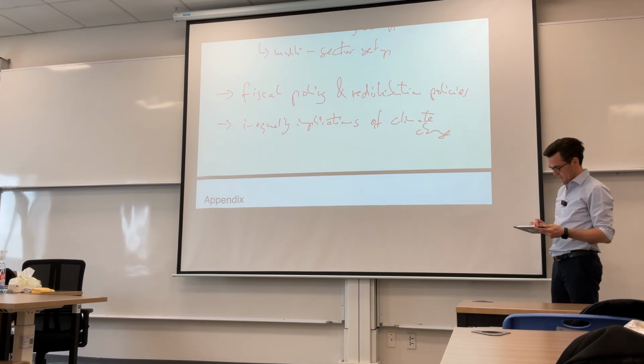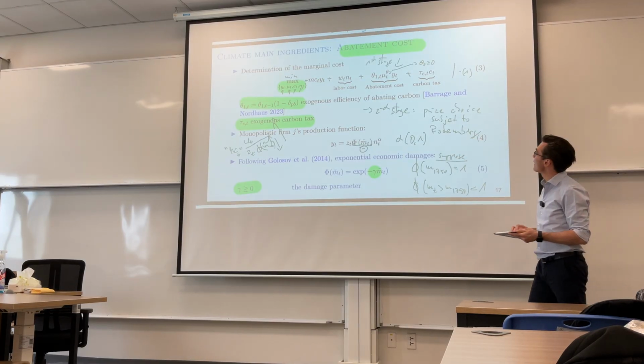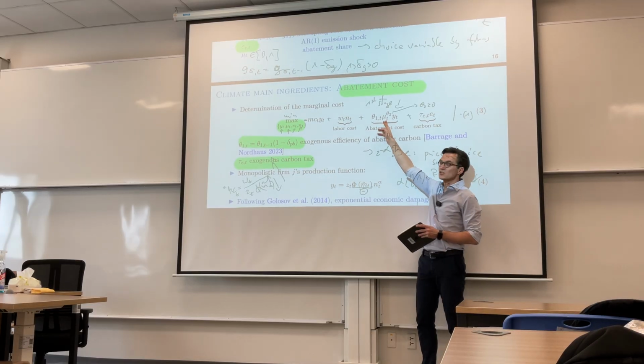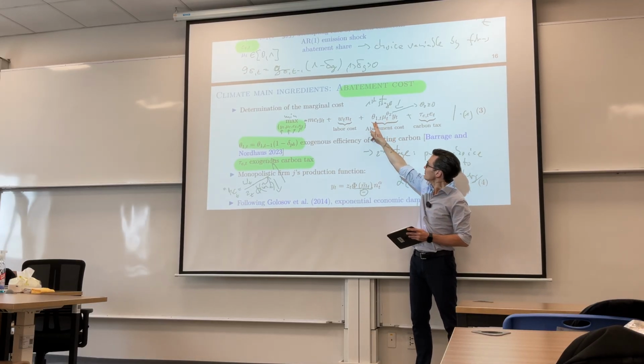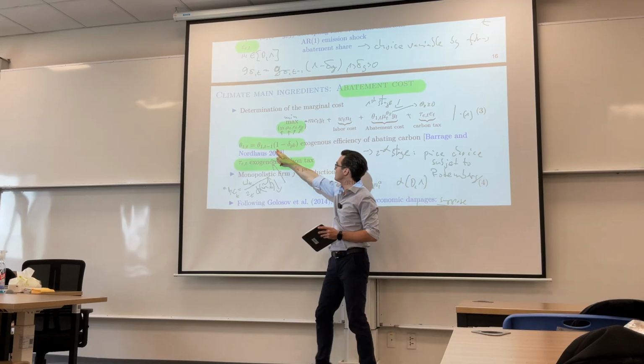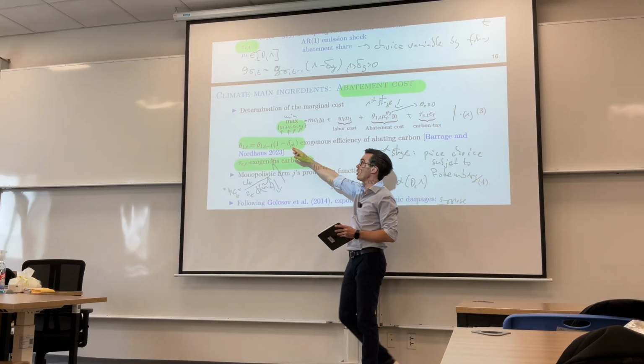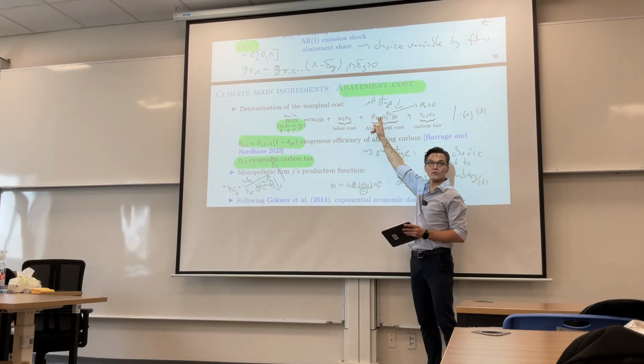Is it here? No, I don't know. There. When we set up this model, right? So this is the spending on abatement, and this thing is falling over time in a deterministic trend. Okay? So the cost of abatement falls.